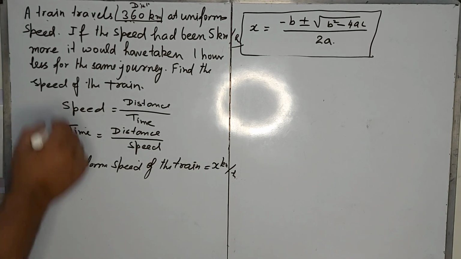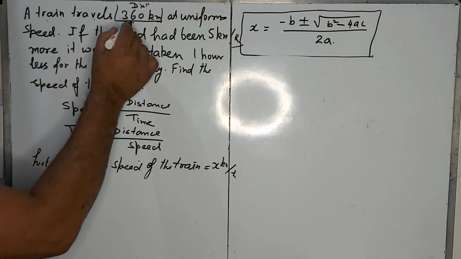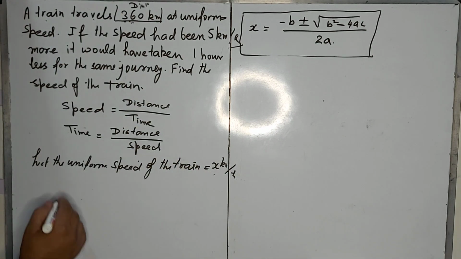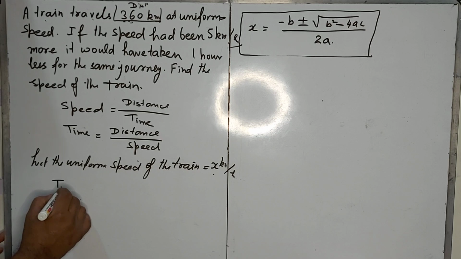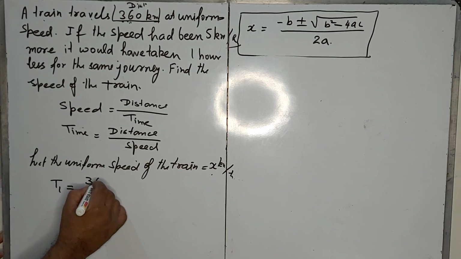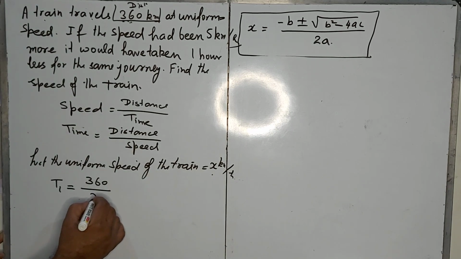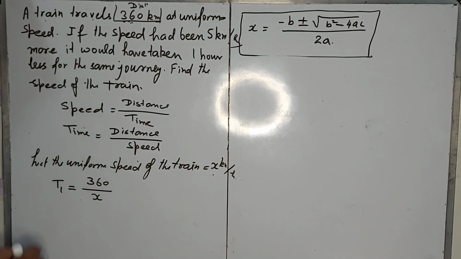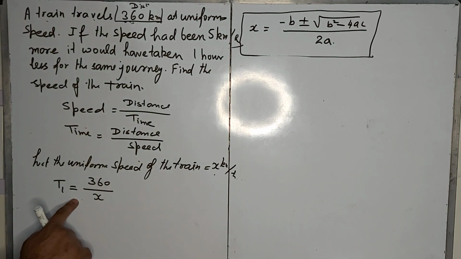Now in the first statement, distance is this, speed is this, the time t1 is equal to distance 360 kilometer, speed x kilometer per hour, you will get time t1.